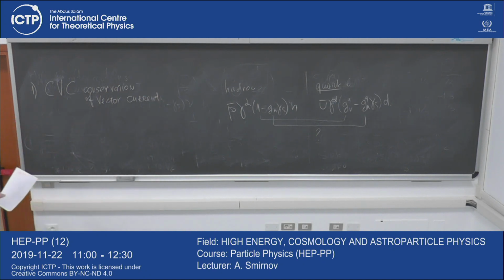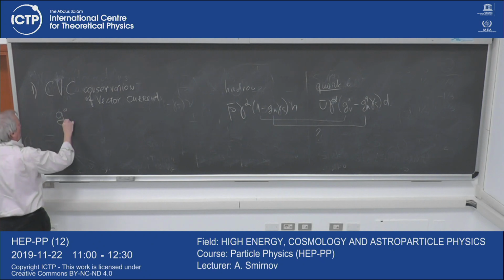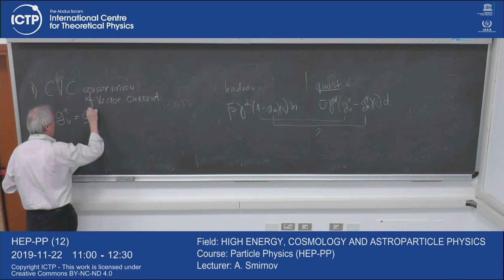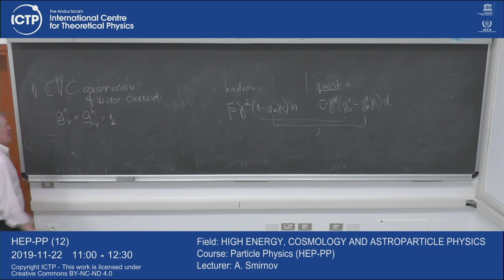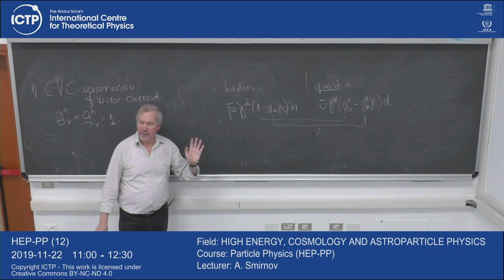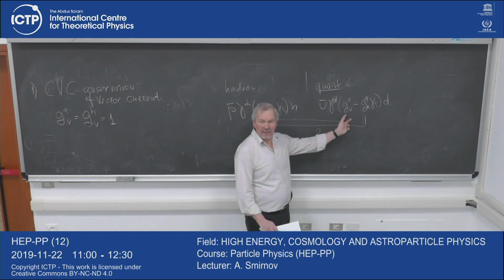This refers to the vector part in this equality, and that tells us that G quark vector should be equal to G vector hadron, and this should be 1. This means that strong interactions do not modify the vector current and the coupling of vector current. This is at quark level.